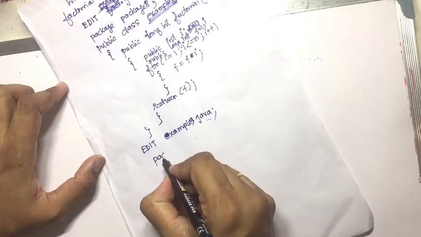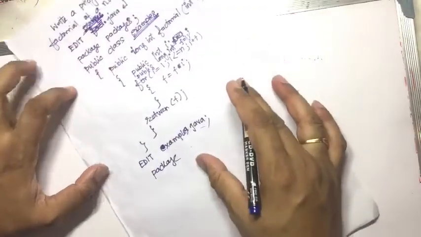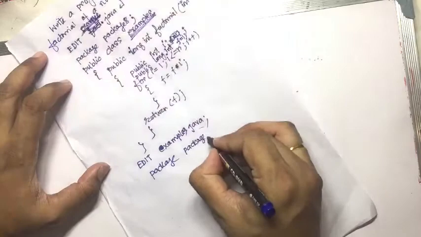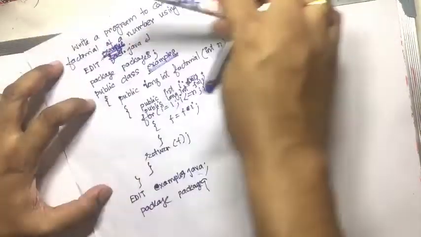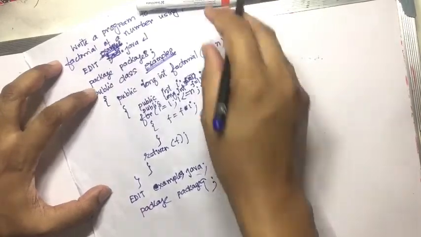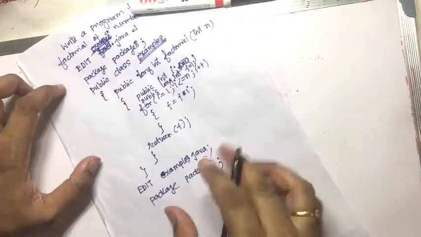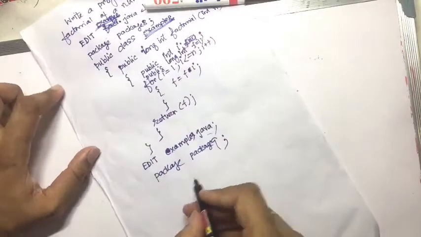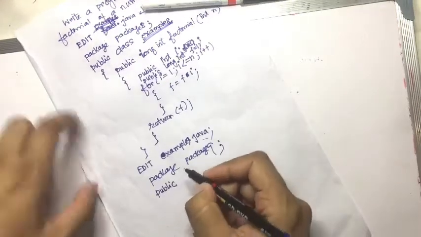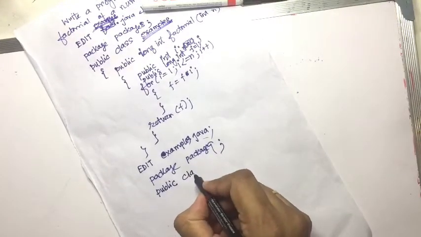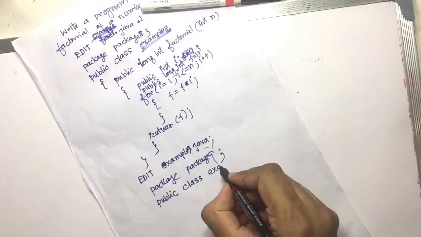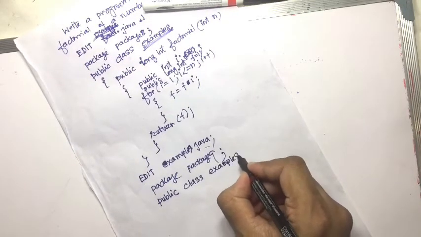Within this there is a package, and the package name is suppose package 9. After package 9, public class, and the name of the class is example 9.